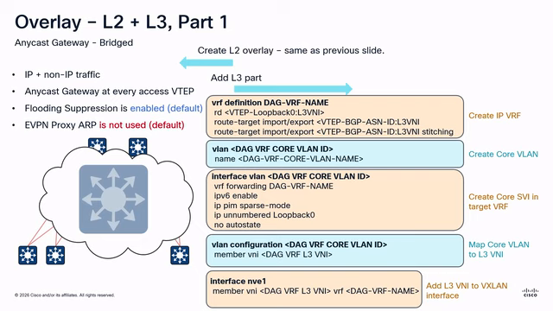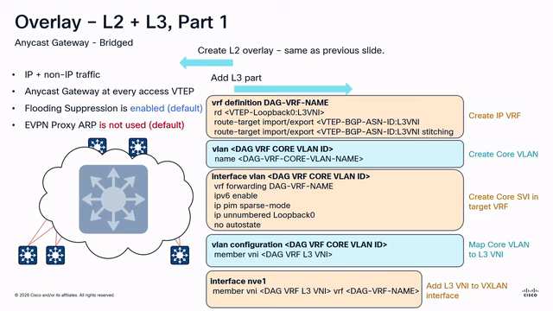The important distinction is that these anycast gateways can be bridged, so they will support flooding, or they can be routed only, so they don't support flooding. If you remember from the first part of the section, to make it routed, we need to enable flooding suppression, and we need to disable proxy ARP. Fortunately, that's the default state. So when you create an anycast gateway, it always comes up as bridged, as the lowest common denominator, I guess.